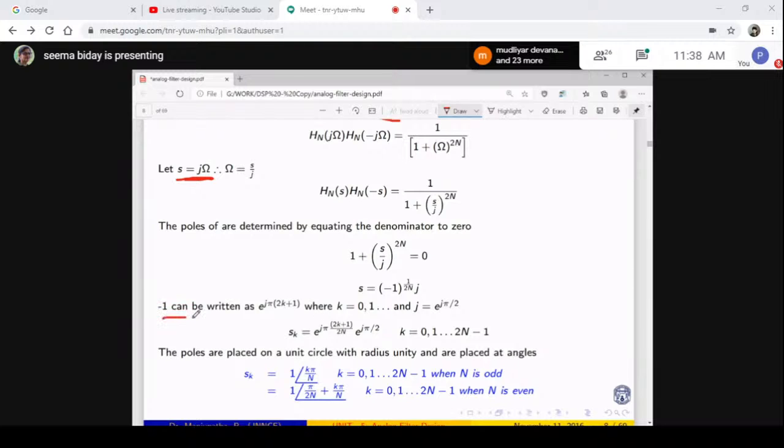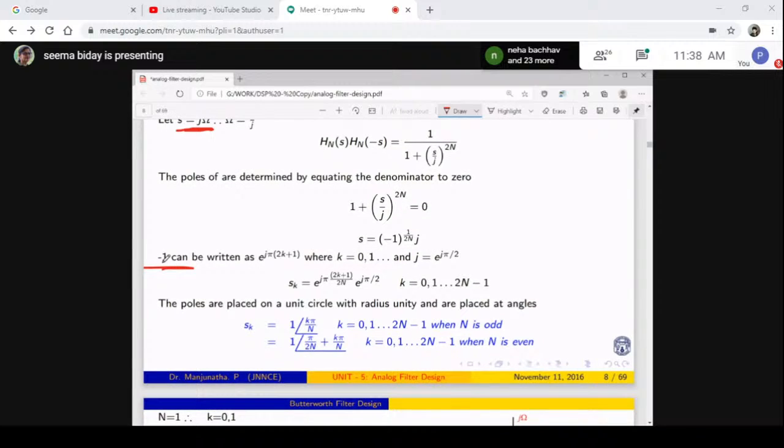Value is minus 1, like this. So now you can replace minus 1 with e to the power j pi 2k plus 1, where k equal to 0, 1 and so on. And j equal to e to the power j pi by 2. Is it okay? Are you getting? You should know mathematics. E to the power j theta again.